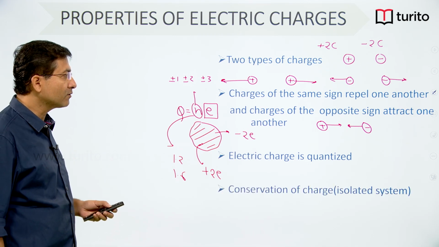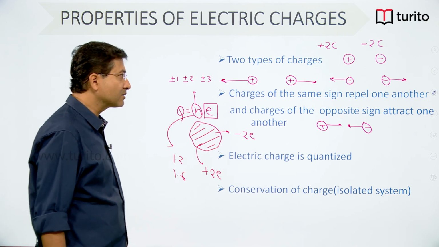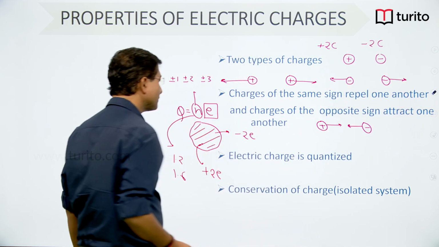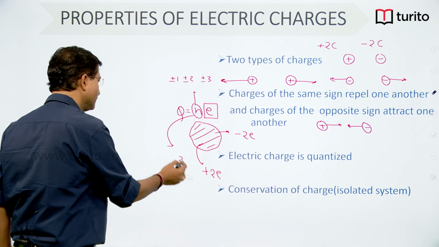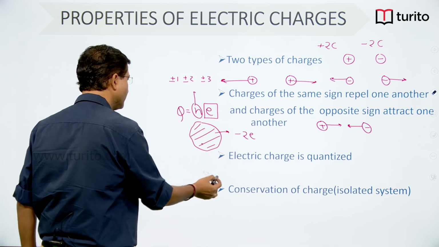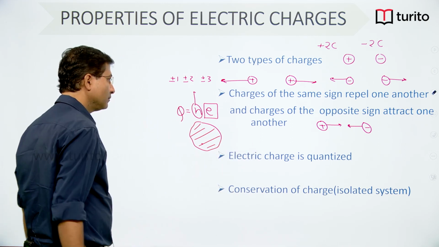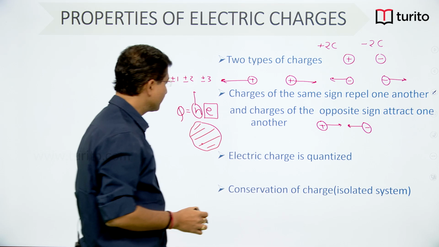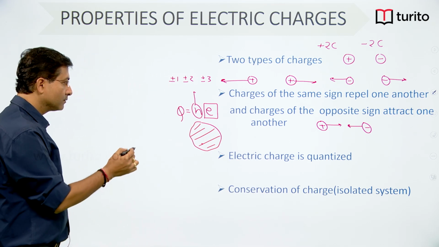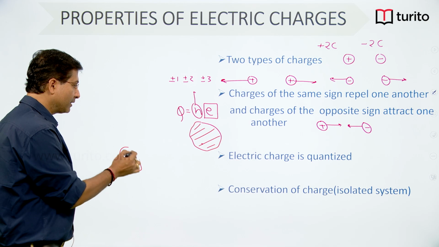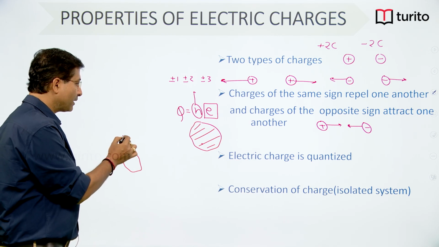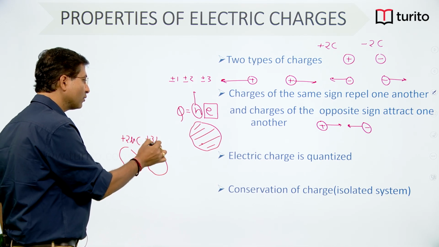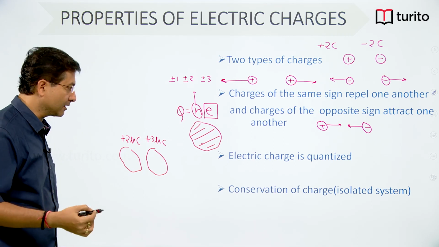Now conservation of the charge in an isolated system. See, if I take two bodies, one having plus 2 microcoulomb charge and another body having plus 3 microcoulomb charge, and they are conductors.